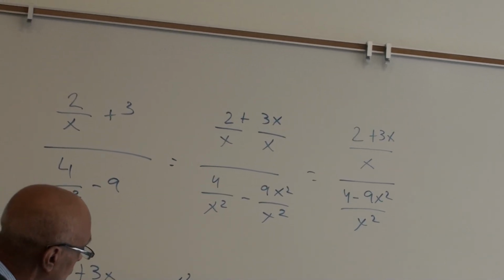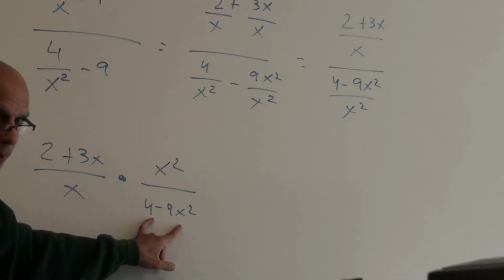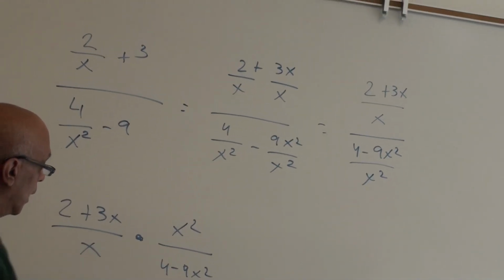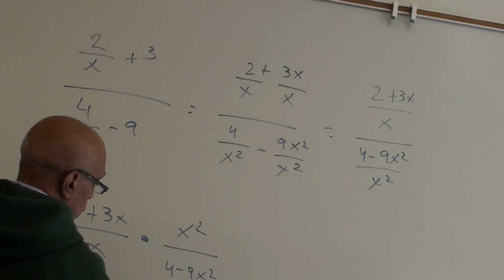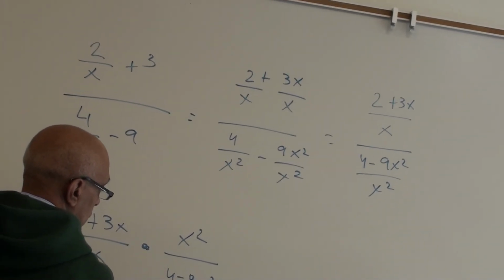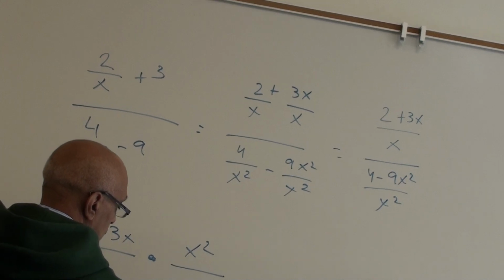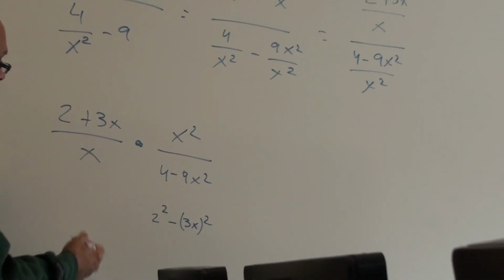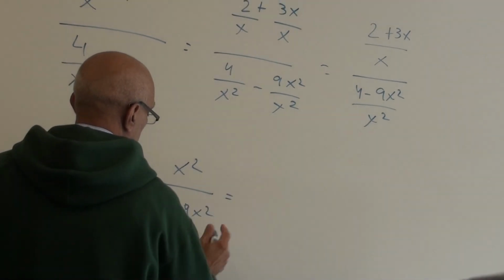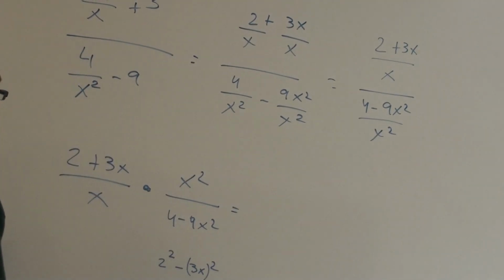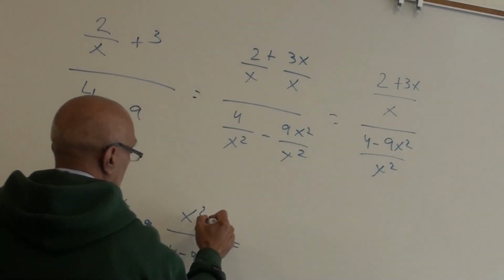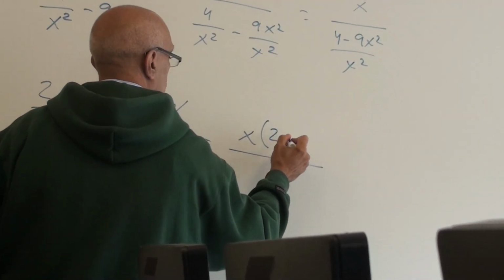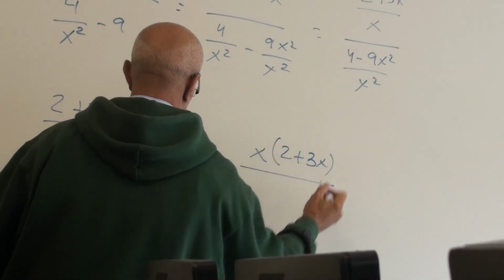What about this here? Is this the difference between squares? It looks like it is a difference between squares, right? So this is 2 squared minus 3x squared. Isn't that this here? So that means I can further factor this. So this guy is going to simplify with this guy, so I'm going to have here x times 3x.